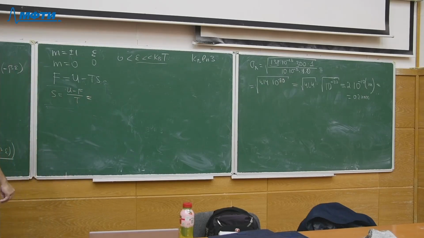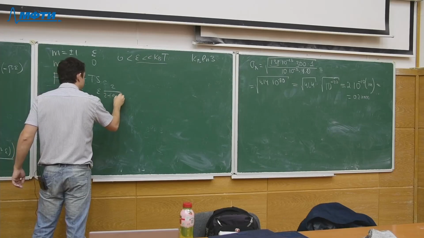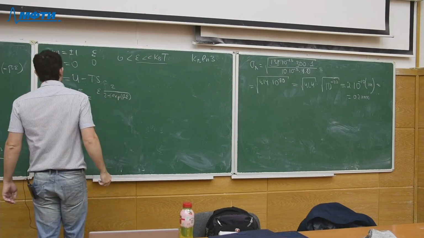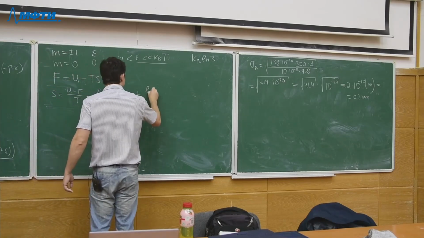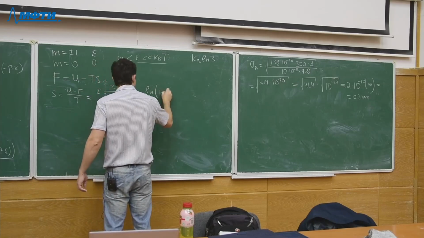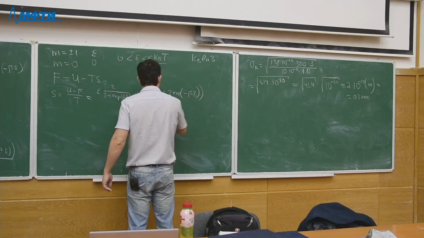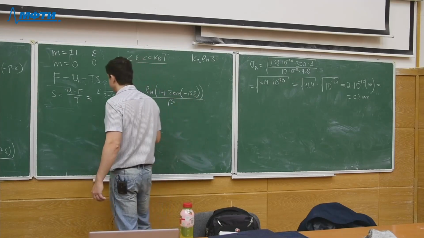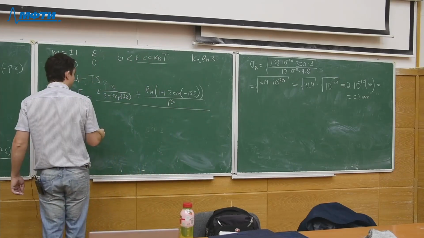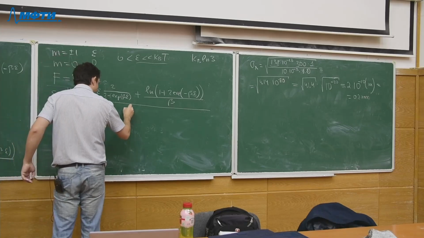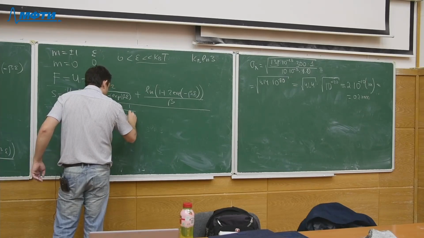So I can just write it like this. U is epsilon times 2 over 2 plus exponent of beta epsilon minus F, which is kBT, okay, minus, now it goes plus 1 logarithm of 1 plus 2 exponents of minus beta epsilon over beta, and divided by temperature. Temperature is 1 over kB beta.